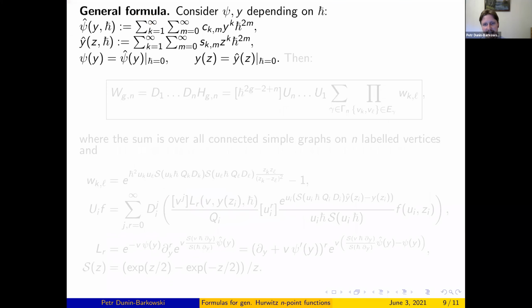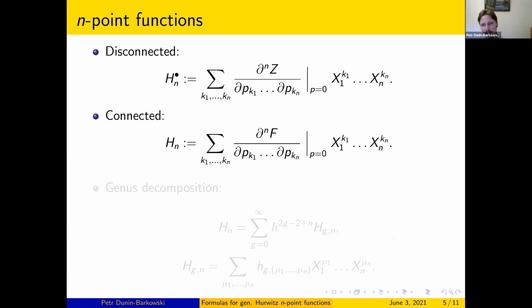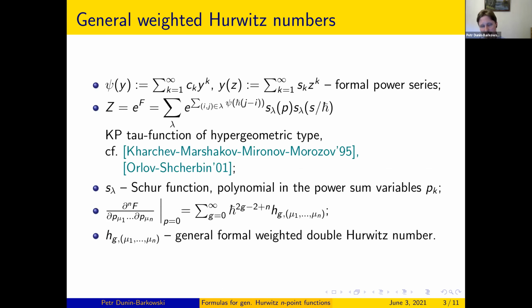Immediately it doesn't fit because maps and fully simple maps cannot be represented in terms of just this capital function of hypergeometric type. I haven't written here the formulas in terms of correlators, but they are a little bit different for the maps cases.